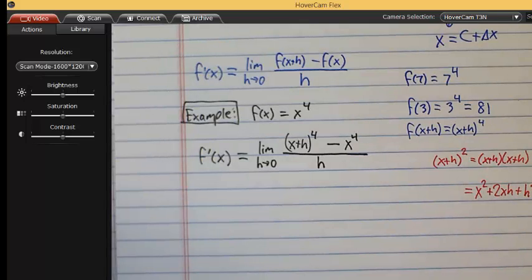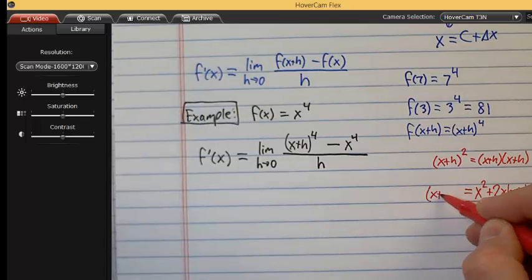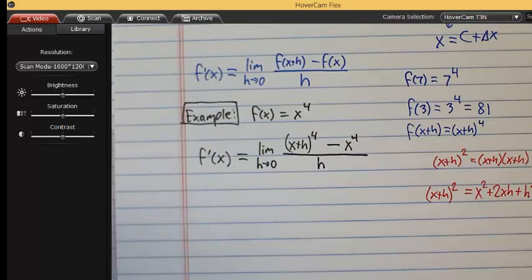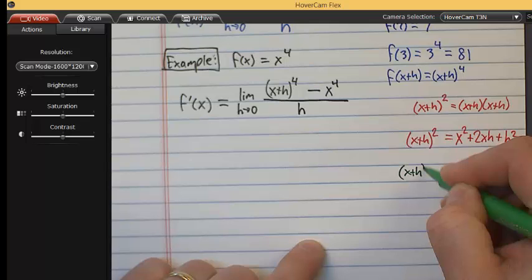So basically, if you took that and multiplied it by itself, you'd get it. That's the hard way. I should show you a shortcut. You want to see a shortcut? This is actually really kind of cool. Before we do that, let's do x plus h to the 3rd power.